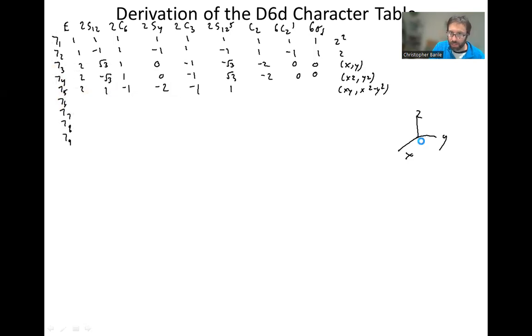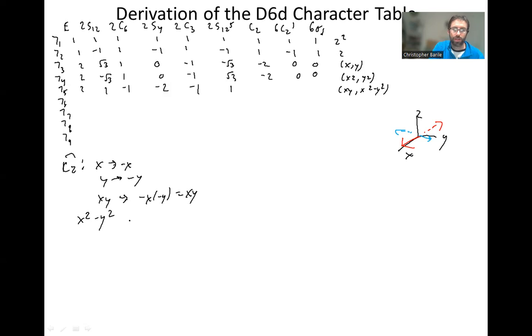Why is that? That's because on a C2, we know that x goes to minus x. We're doing a 180-degree rotation, and we know that y spins to minus y. And so this is C2, x goes to minus x, y goes to minus y. That means xy goes to minus x times minus y, which is positive xy.